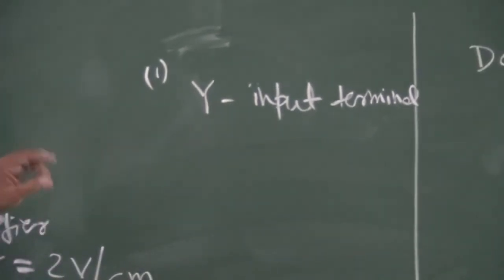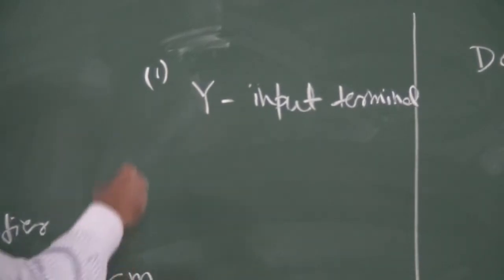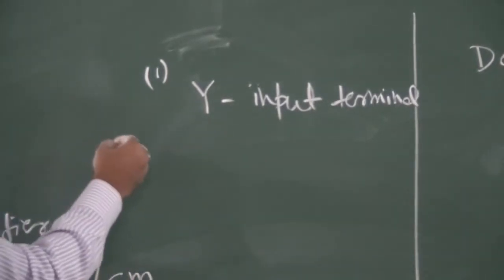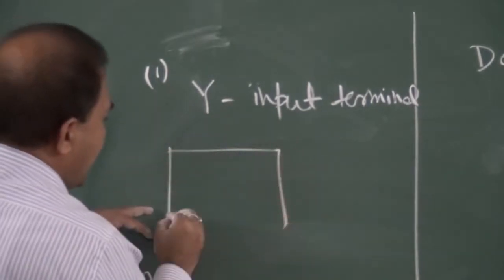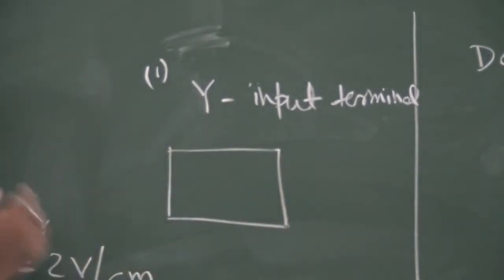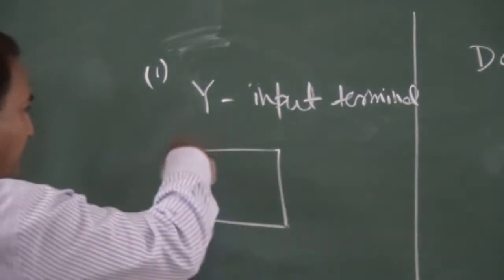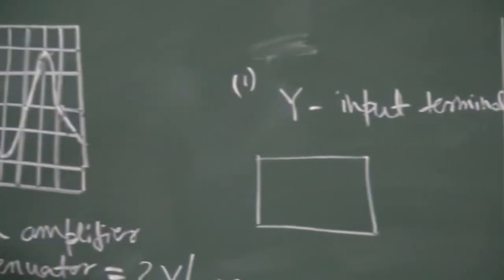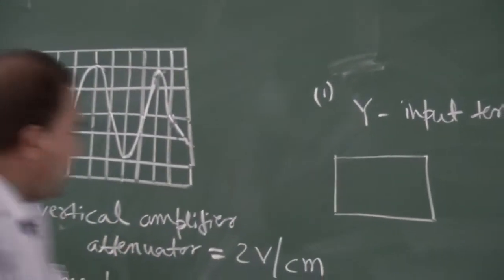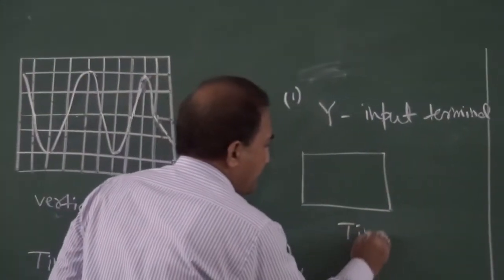And we can control the amplitude or the time period. We can vary the signal by using the vertical amplifier attenuator or by using the time base.